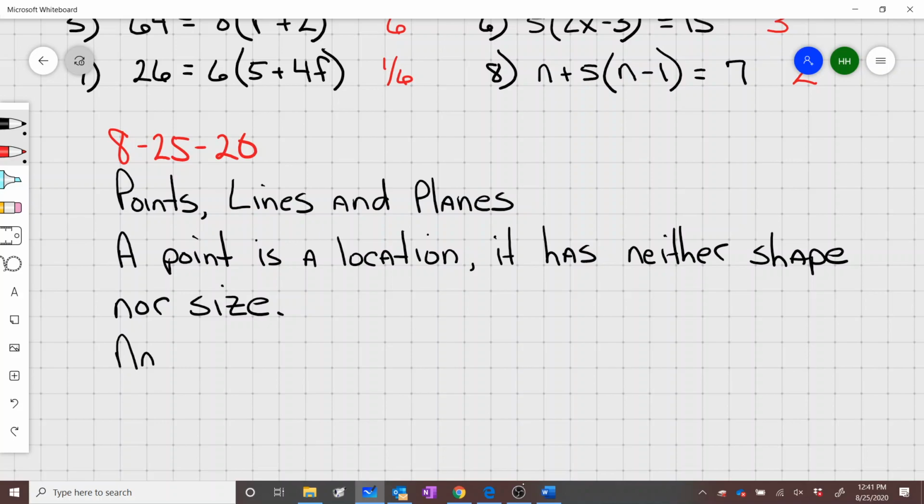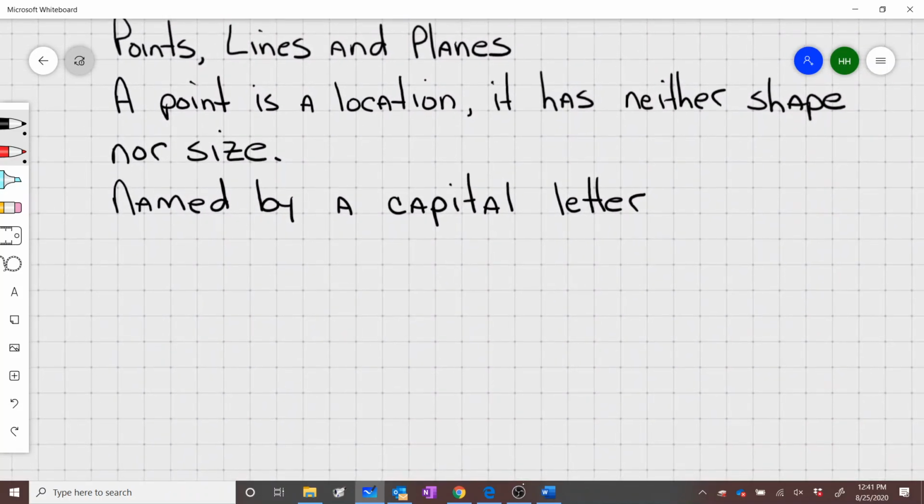It is named by a capital letter. So if you have a point, you name it with a capital letter, you refer to this as point A. And what would this second point be called? Point B. Very good.